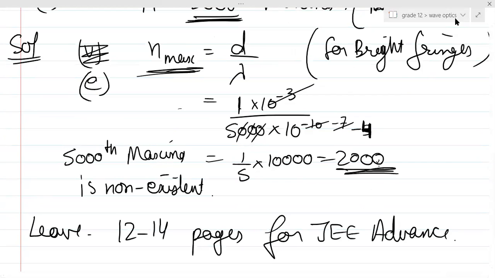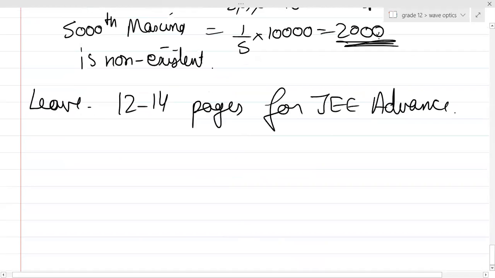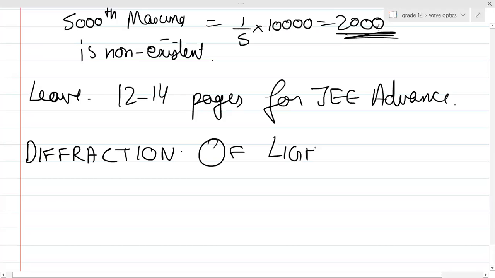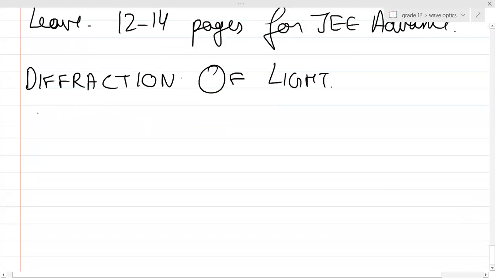So, heading. Guys, please write down the heading: diffraction of light.